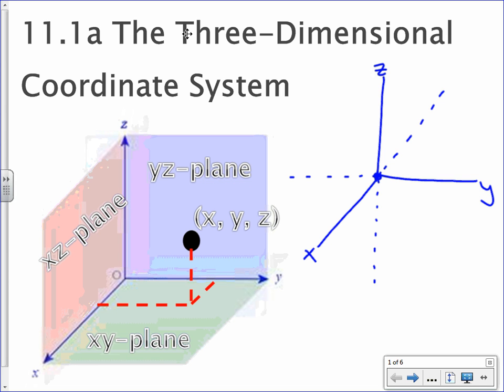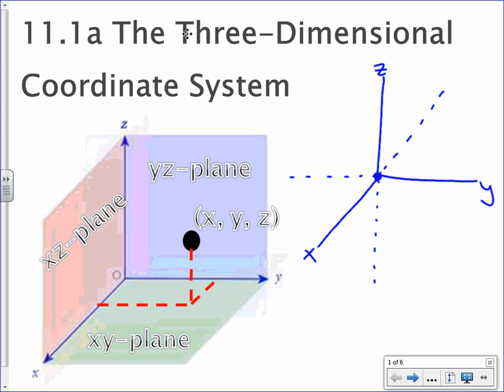So we're above where z is positive for 1, 2, 3, and 4. We're below where z is negative for 5, 6, 7, 8. 1 and 5 are stacked on top of each other. 2 and 6 are stacked on top of each other.